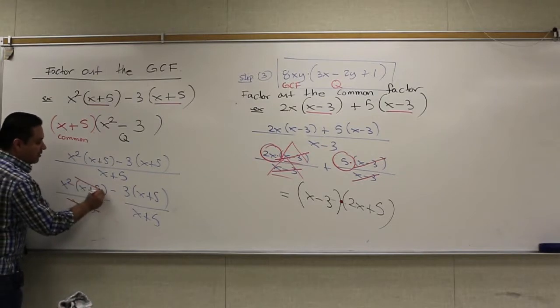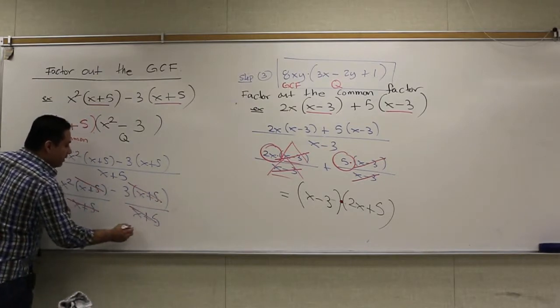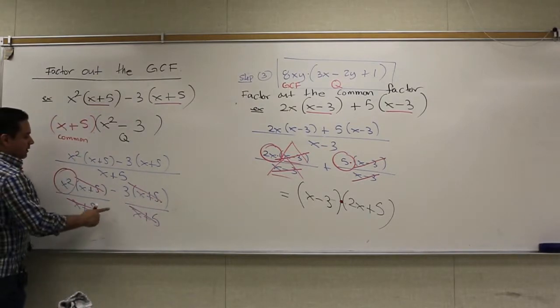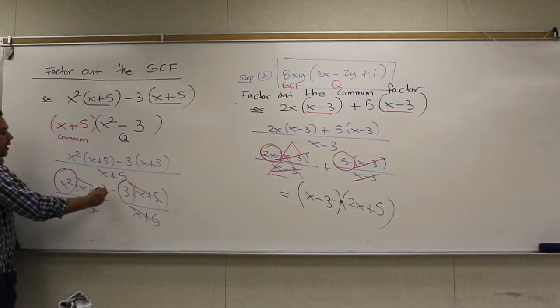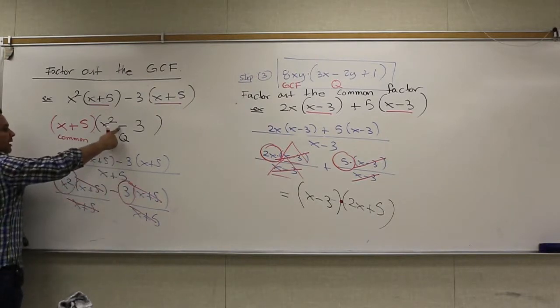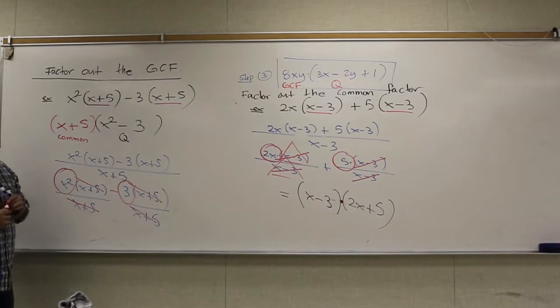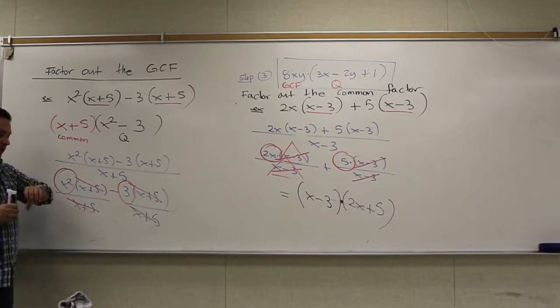Your x plus 5's cancel, is that right? What are you left with? X squared and a 3, and don't forget to subtract. That's your quotient. That's what's left when you divide both by the common factor. This is actually what's going on here, and it's going on for a good reason.